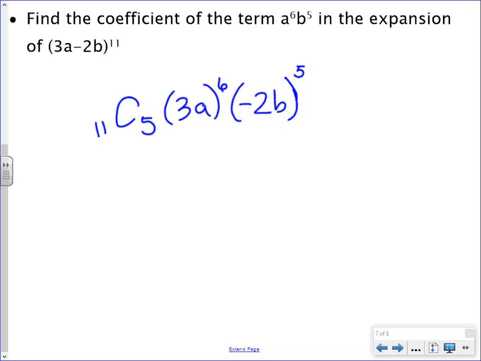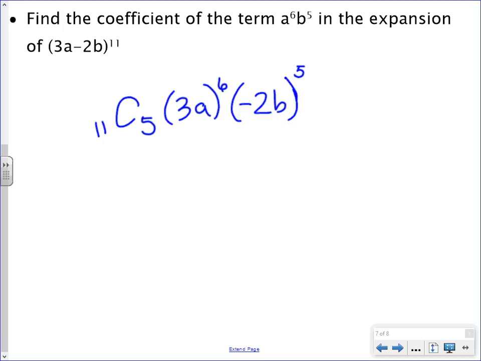Okay, good. So since this was a to the 6th, b to the 5th, she knew that 3a needed to be raised to the 6th, negative 2b needed to be raised to the 5th power. And then since this was an 11, we had 11 combinations of something, and it's a 5 because it needs to match this exponent right here. So 11 combinations of 5.